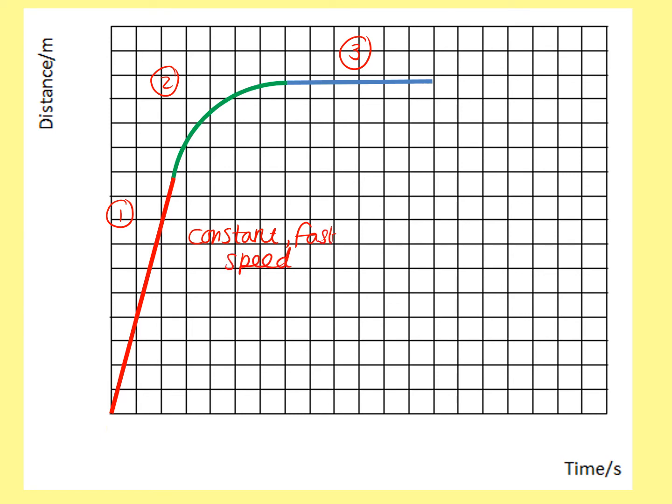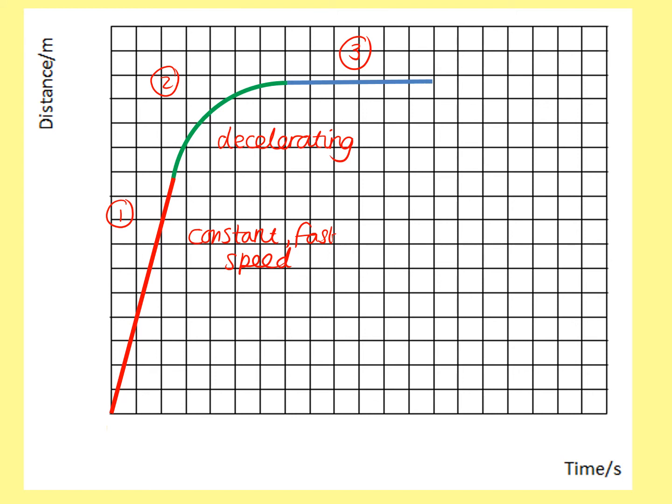In section 2, I can see that at the start of section 2, the gradient's quite steep, but by the end of section 2, the gradient is quite shallow. This tells me that the object is slowing down, and the word we use for that in physics is decelerating. Decelerating, getting slower and slower and slower.